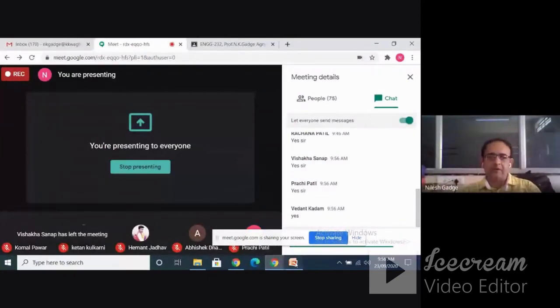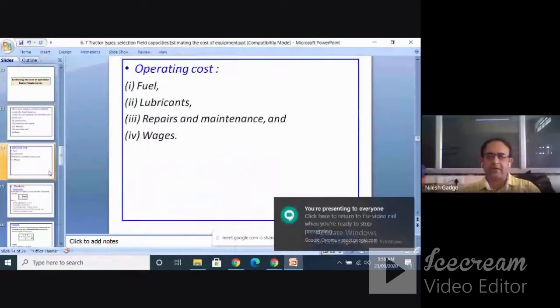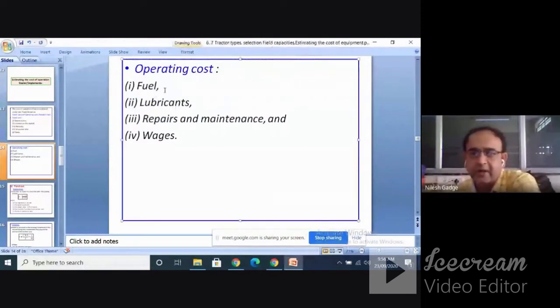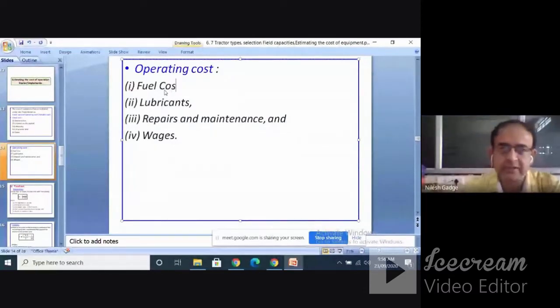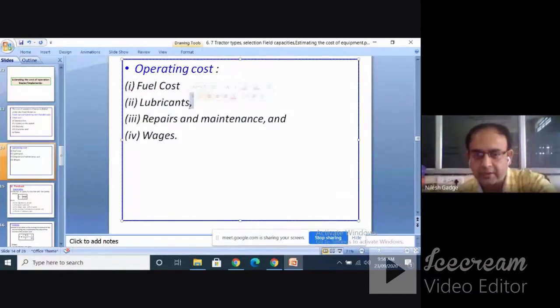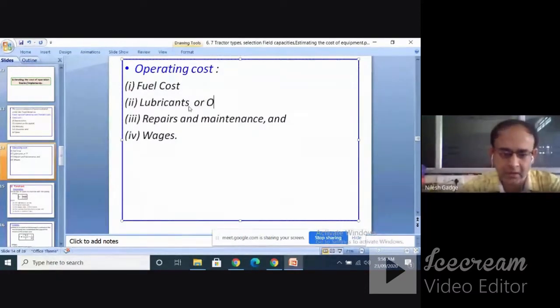Okay, now we will see the next one, the operating cost. In operating cost, write down the fuel cost, then lubrication or oil cost. Lubrication means oil cost.